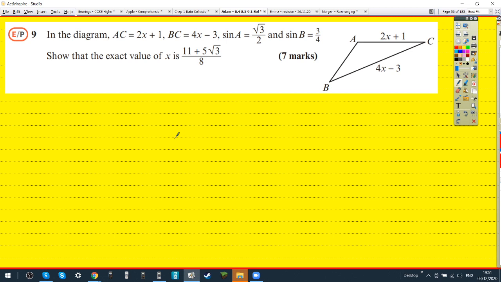So could you write it out as 4x minus 3 over square root of 3 over 2? Yep. Yeah, go on.